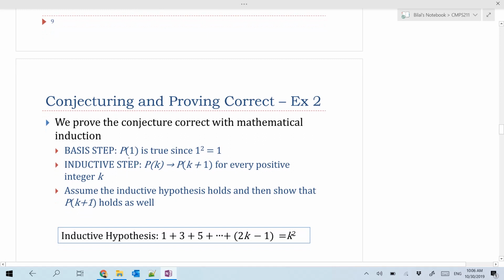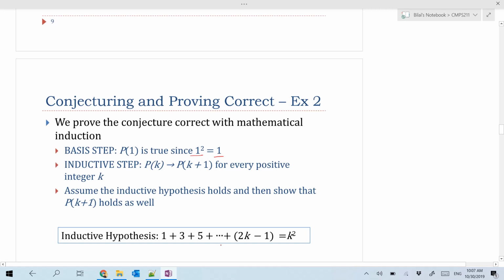We can notice that 1 squared is equal to 1. So it means that our property is true for n equal to 1, which is equal to 1 plus nothing else. So the summation of the first odd integer is really equal to n squared.